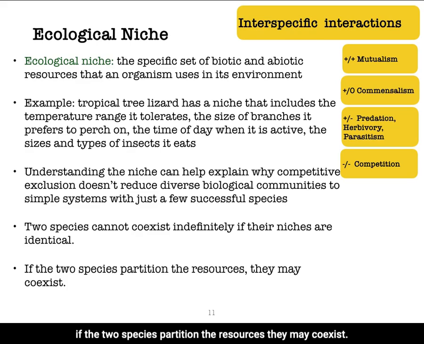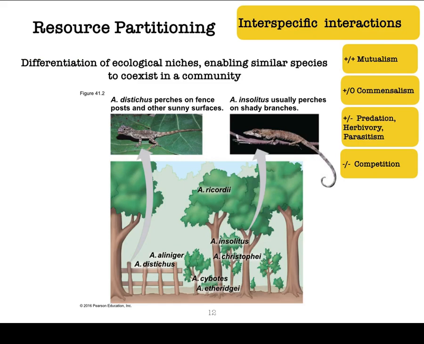However, if the two species partition the resources, they may coexist. This concept of sharing niche space is called resource partitioning. Competition results in the differentiation of ecological niches, enabling similar species to coexist.